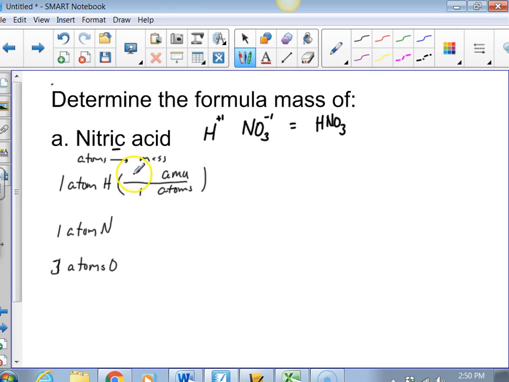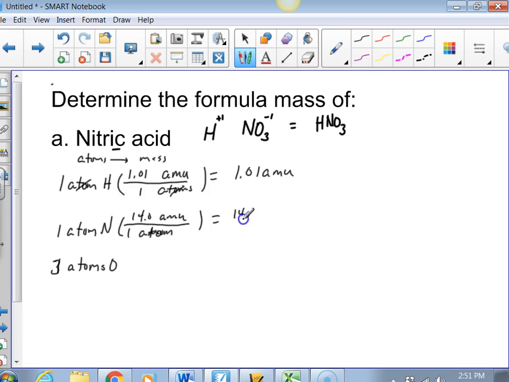We can find on the periodic table, by looking at the average atomic mass, that on average every atom of hydrogen, every 1 atom, is about 1.01 AMUs. This gives us 1 times 1.01 is 1.01 AMUs. Atoms cancel. We repeat for nitrogen. Every 1 atom of nitrogen has a mass of approximately 14 AMUs.